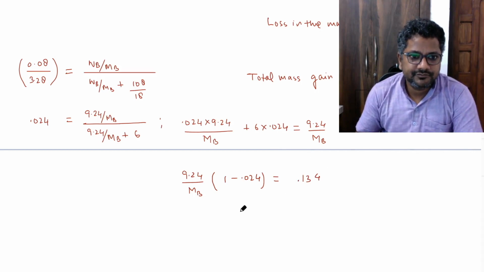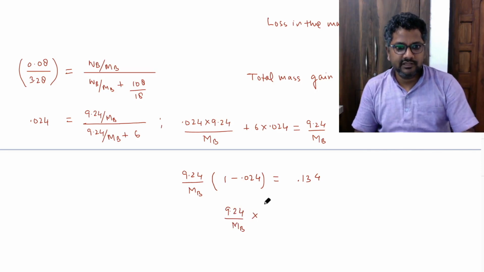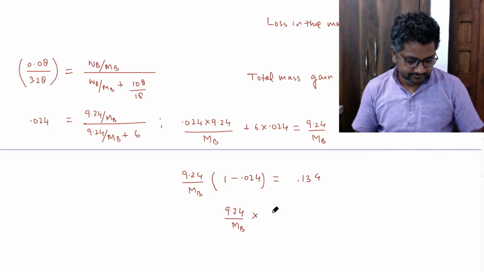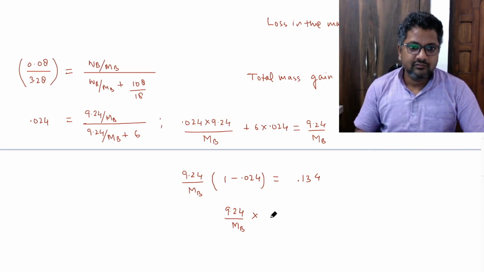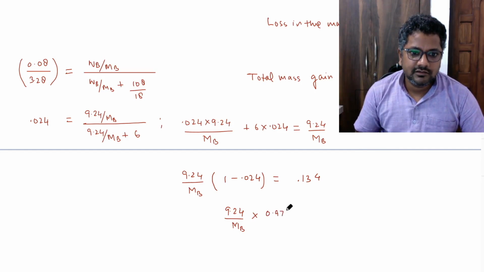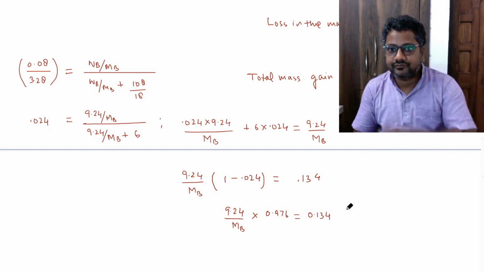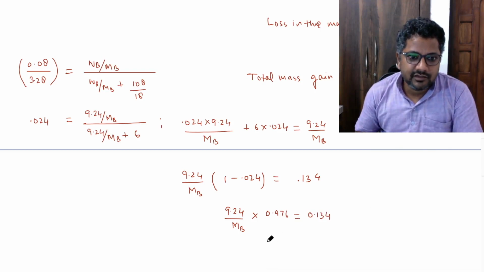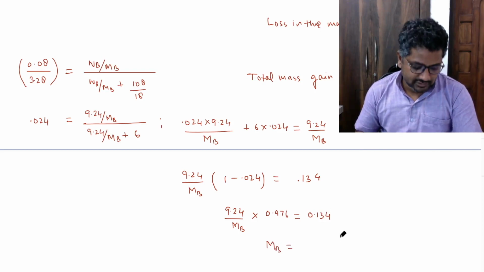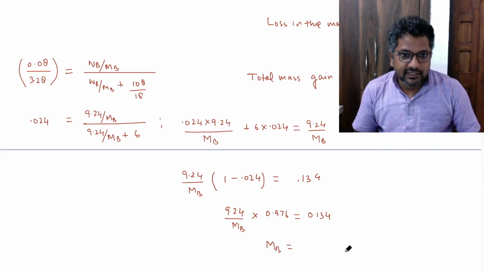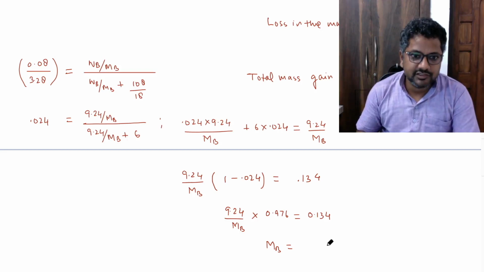So 9.24 by MB multiplied by 1 minus 0.024, that is 0.976, is equal to 0.134, right? So MB is equal to 0.976 multiplied by 9.24, which is equal to 9.01.